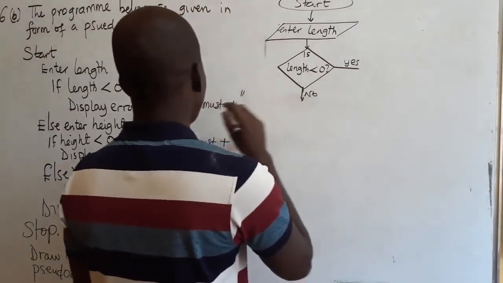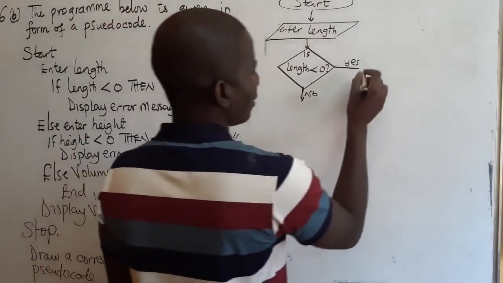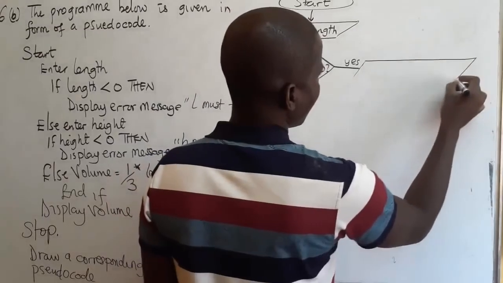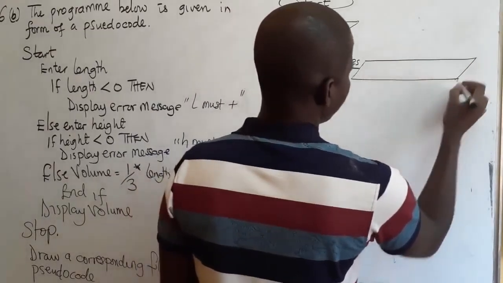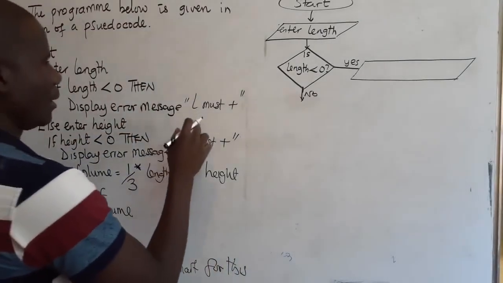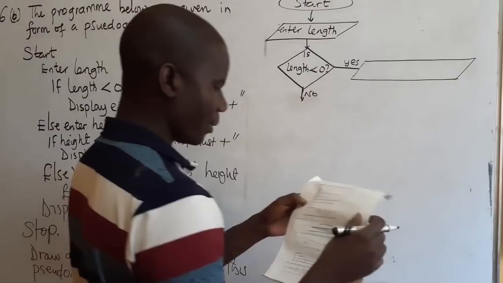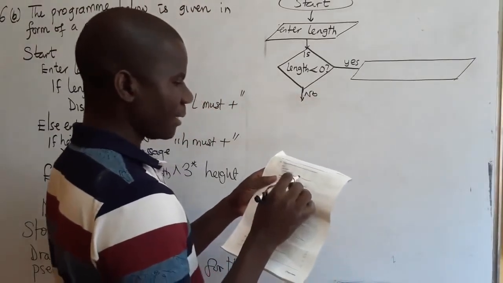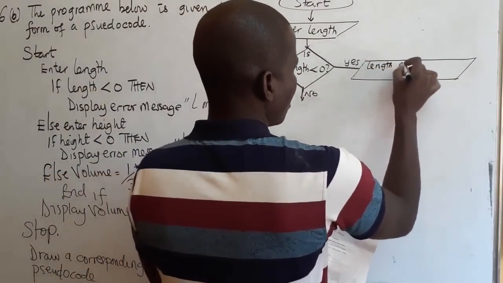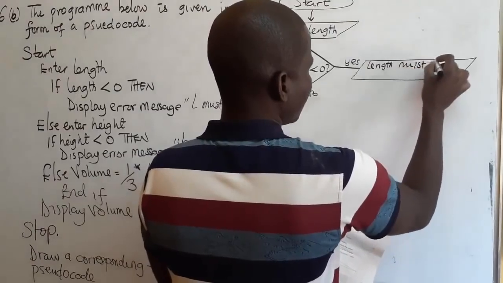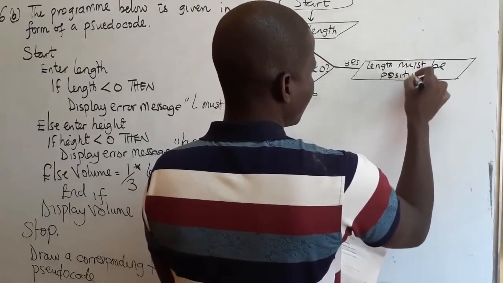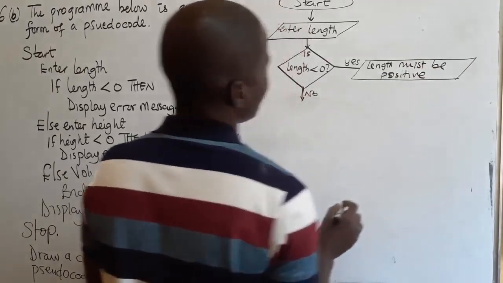The error message that we are displaying here says length must be positive.